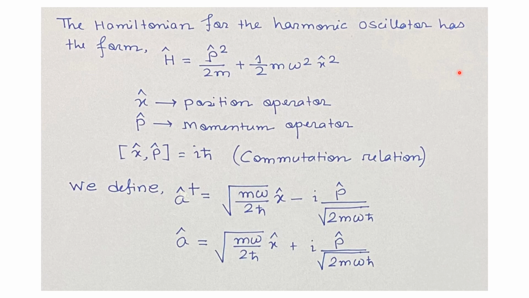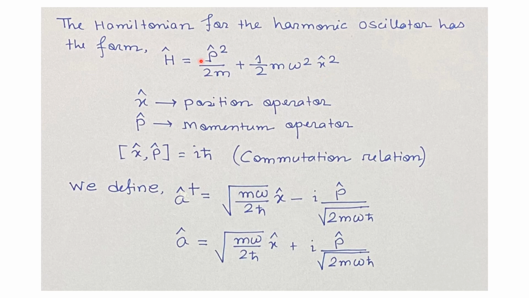Before going to the solution part of this problem, let us recapitulate briefly about the operator methods used in the harmonic oscillator problem and the properties of the operators. We know the Hamiltonian for the simple harmonic oscillator has the form H cap, that is the Hamiltonian operator, equals P cap square divided by 2m plus half m omega square x cap square.